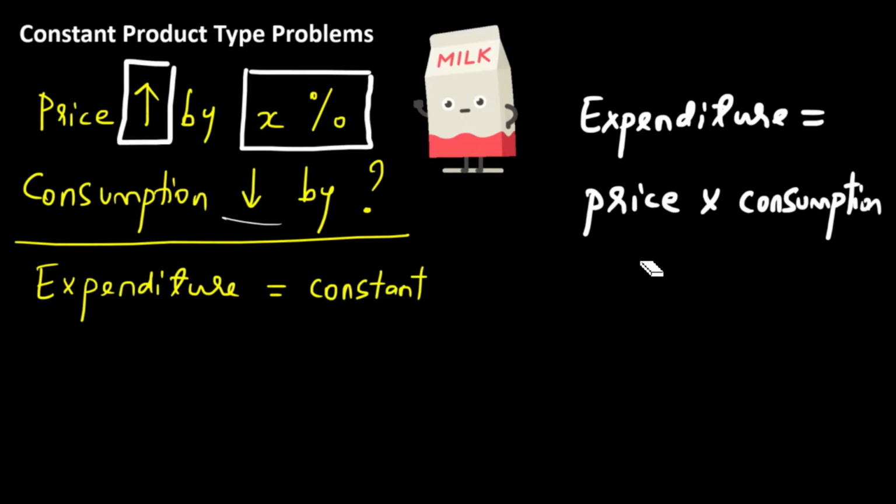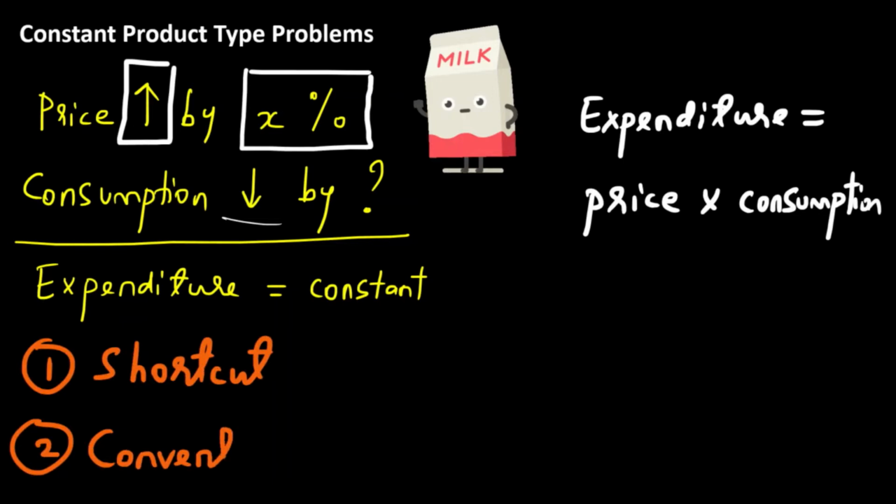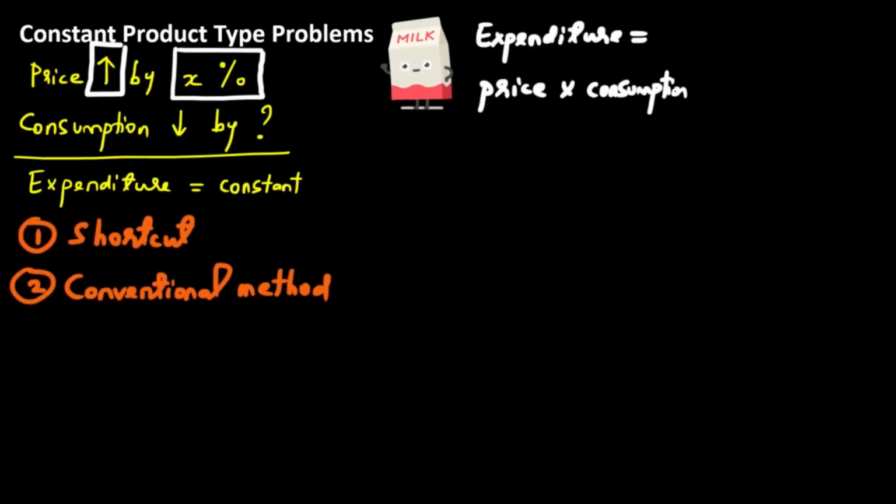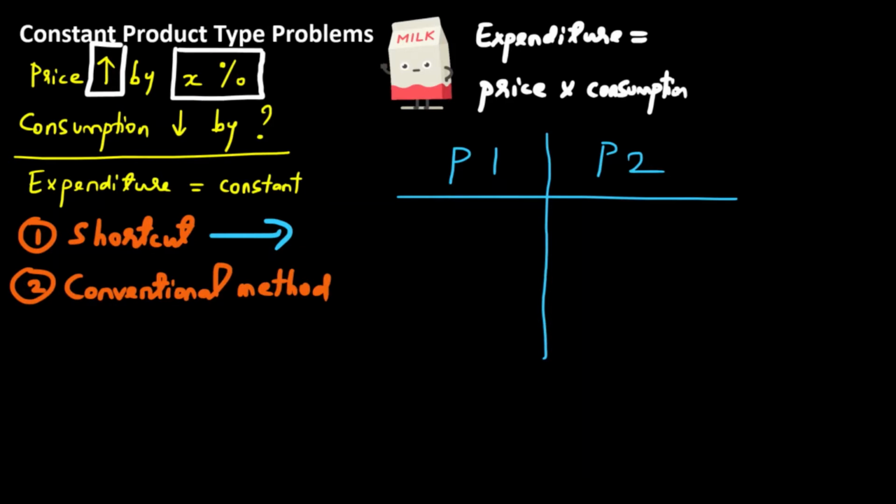Now to solve this type of questions, let's discuss in this video a shortcut as well as the conventional method. Alright, let's keep this aside and we start with the shortcut. Now over here you can see that there are two parameters, right? For example, expenditure is constant, price is one parameter, consumption is one parameter.